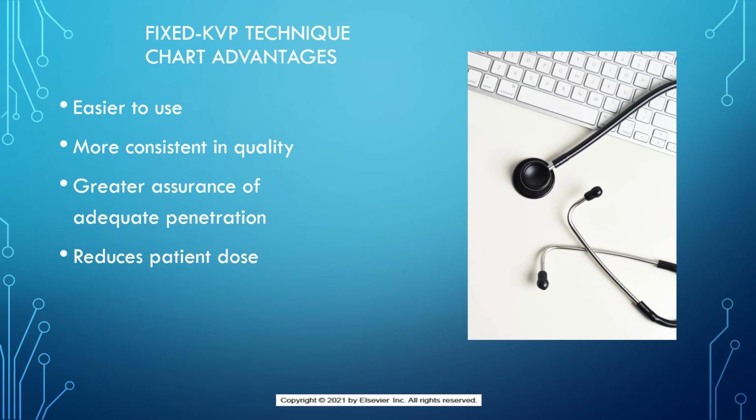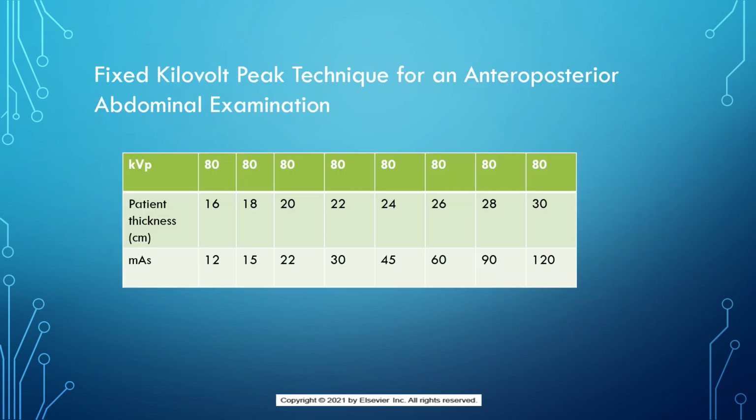Usually the fixed KV that you pick is adequate penetration even for hypersthenic habitus. Reduces patient dose, I would disagree with, because it does not reduce patient dose for all body sizes. It actually increases patient dose significantly for your hypersthenic habitus.